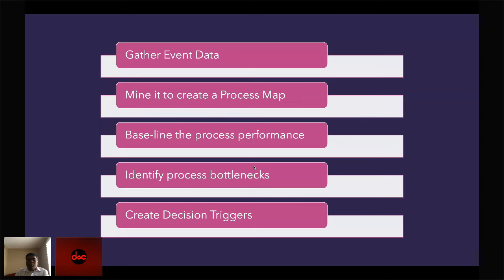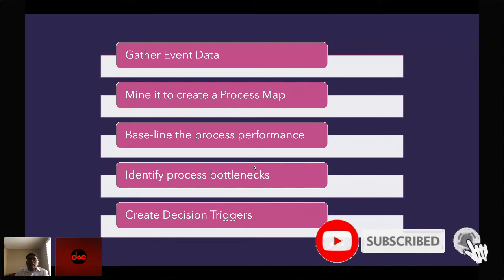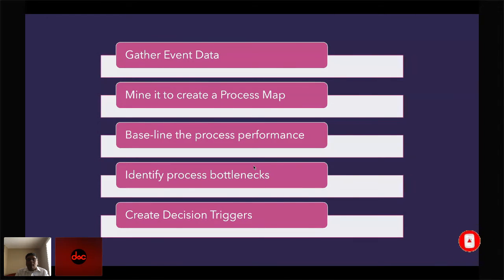And once we have the process map, we want to identify the process bottlenecks. What we can do is play out this process just like a video. We want to understand how this process performed over time. So we want to see how it is performing, and then understand where the bottlenecks are, where the process is getting bogged down.